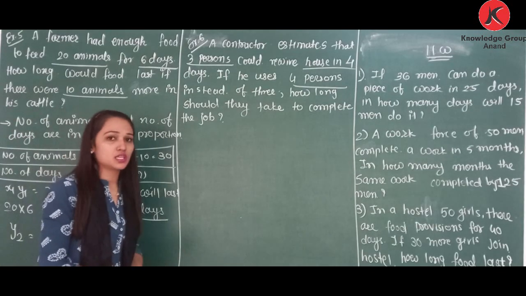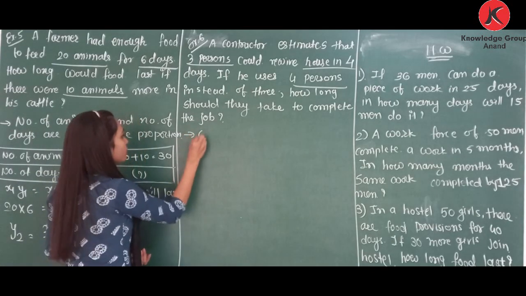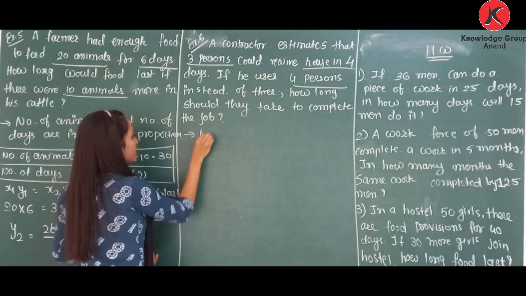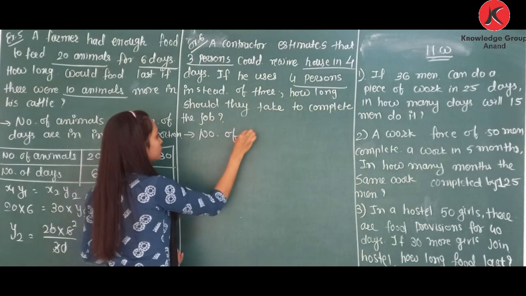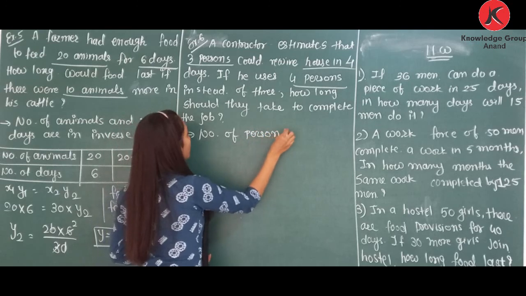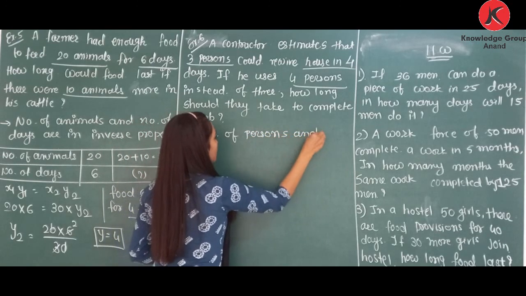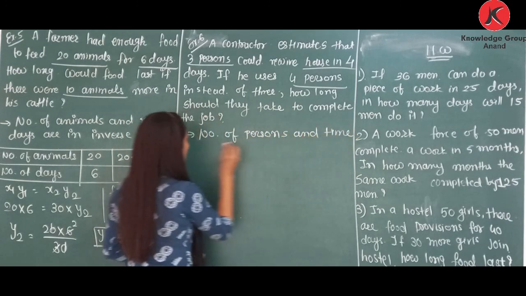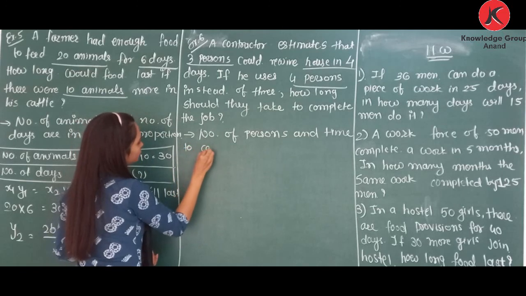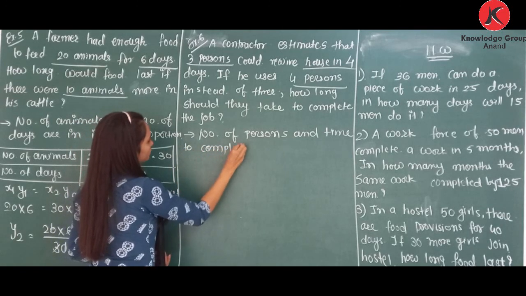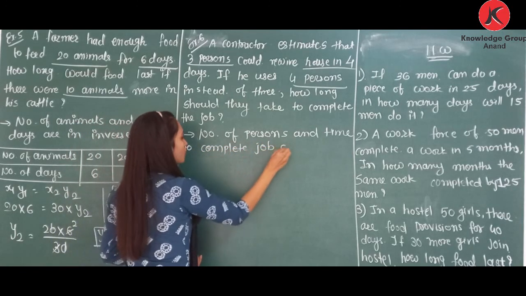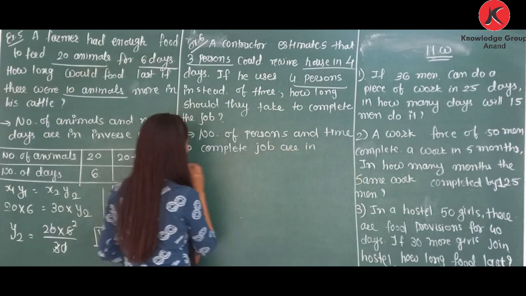So that's why it is in inverse proportion. So we can write number of persons and time to complete job are in inverse proportion.